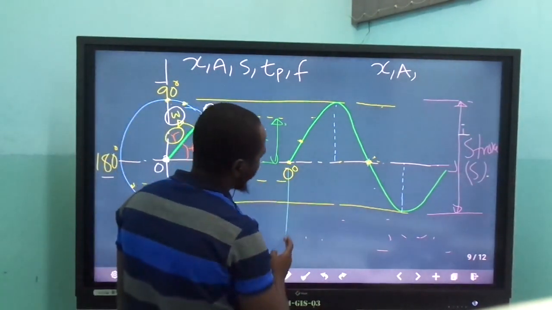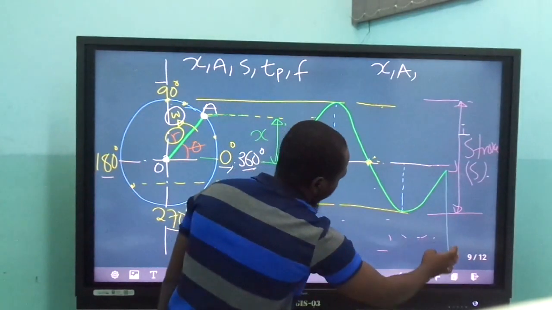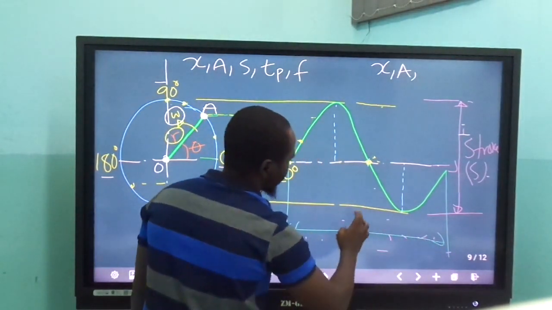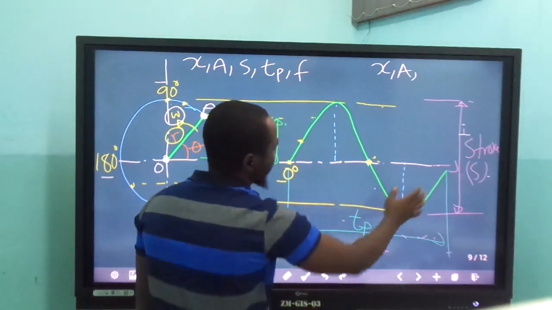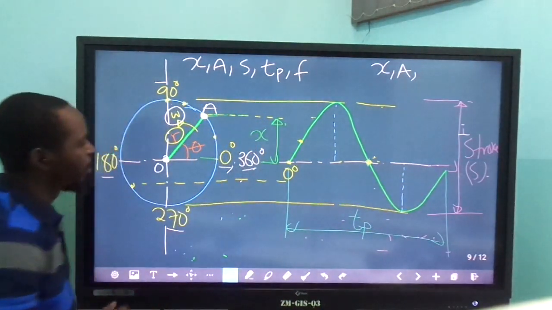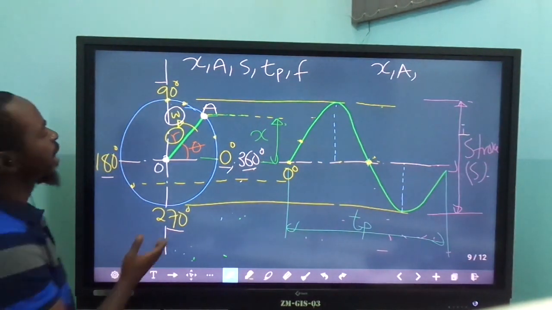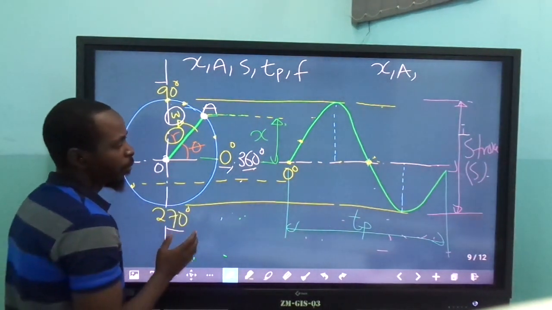we are going to have a certain amount of time taken. So since the horizontal is signifying time, period is defined as the time taken to complete one oscillation.